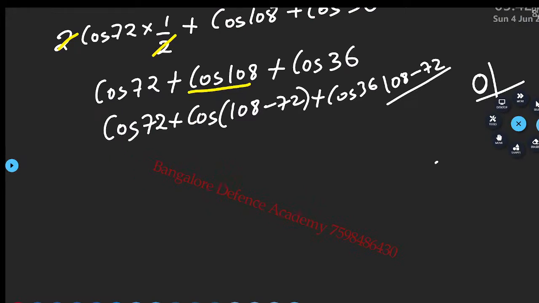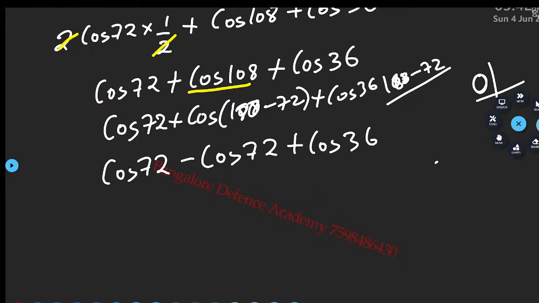Now here, sorry, ये 180 minus 72 आना चाहिए. हाँ, 180 minus 72 will give you 108. Okay, अभी इधर क्या होगा? Minus 72. So what happens? Cos 72 minus cos 72 plus cos 36. What will get cancelled? Plus cos 72 and minus cos 72 get cancelled. So what is the right hand side? You got the RHS? Start doing it.